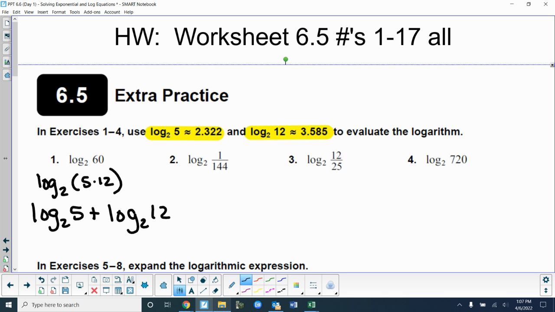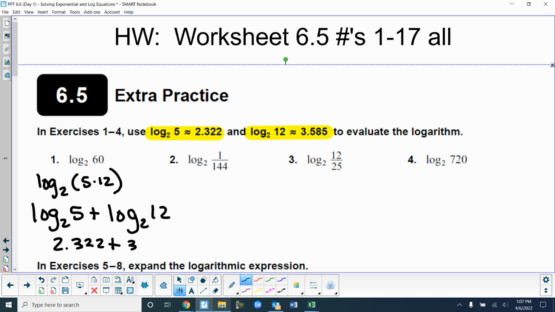A multiplication problem can turn into an addition problem.